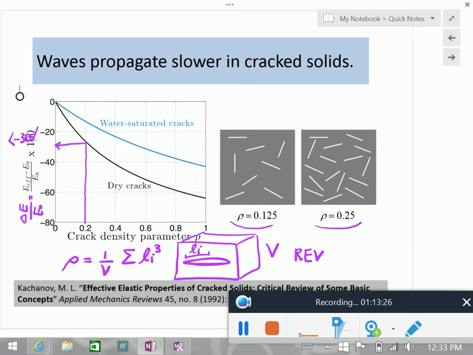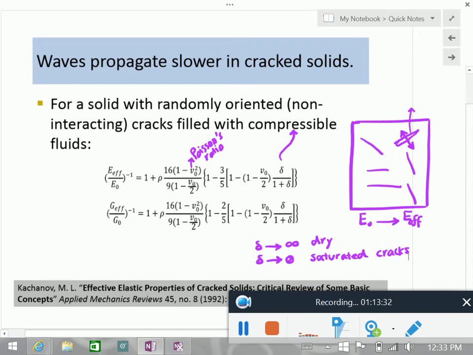If we can measure the change in modulus, we can determine something about the crack density. Look here, if we can measure E effective, which is what you measure when you measure, for example, velocity, and if you know E0 and the other parameters, you can recover crack density.